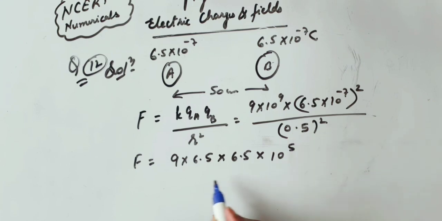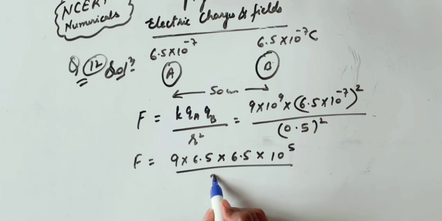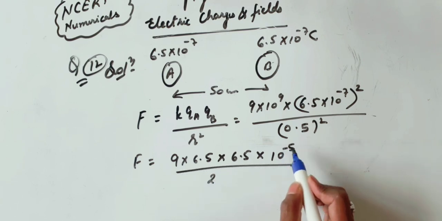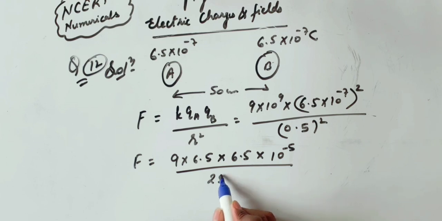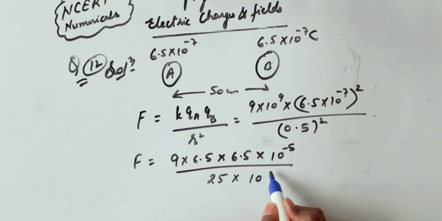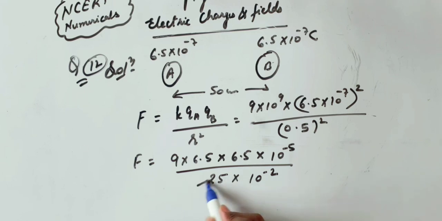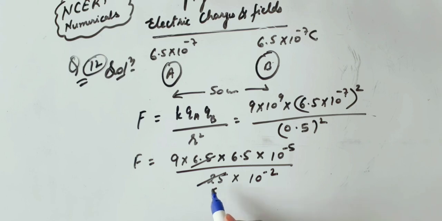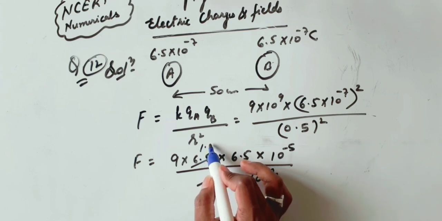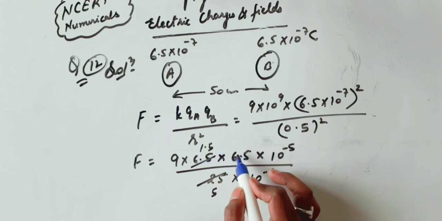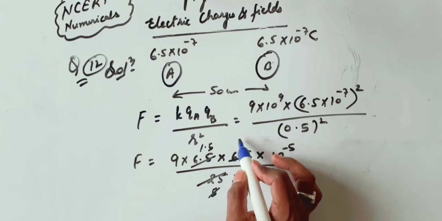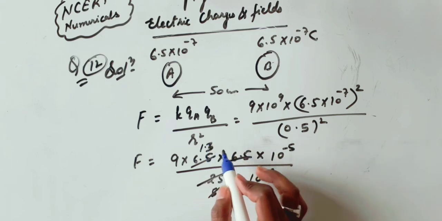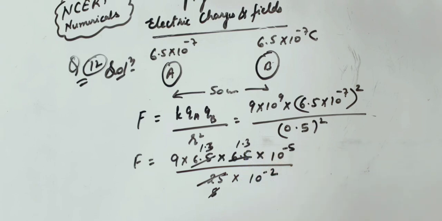So it will be minus 5 upon 25 into 10 to the power minus 2. Now this will cancel: 5 ones are 5, 5 fives are 25. It will also be 1.3.